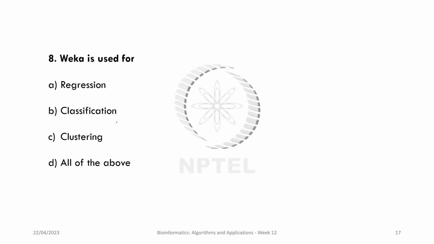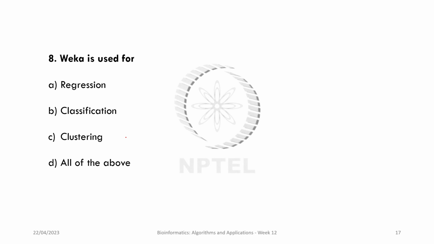Moving on to question 8. Weka is used for option A regression, B classification, C clustering, and D all of the above. Thank you all.